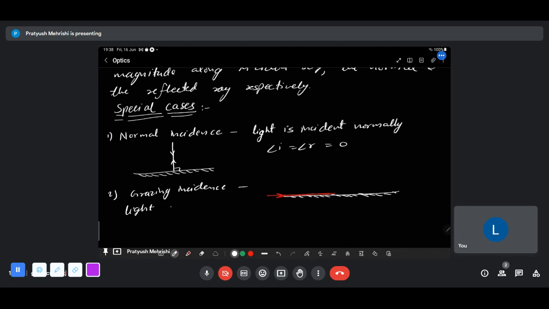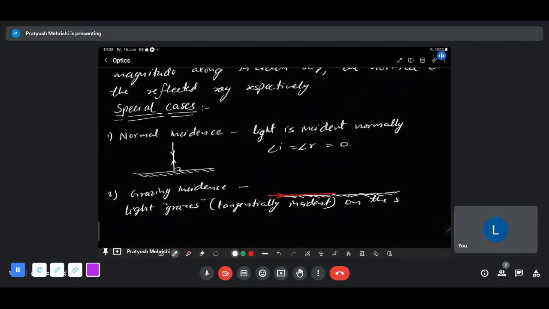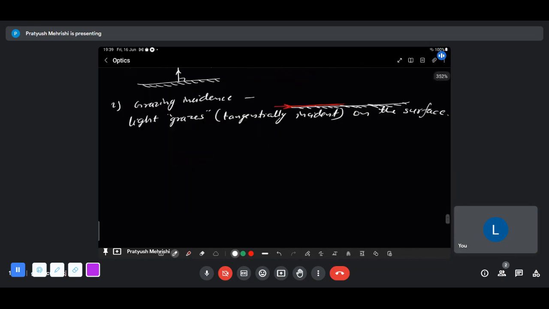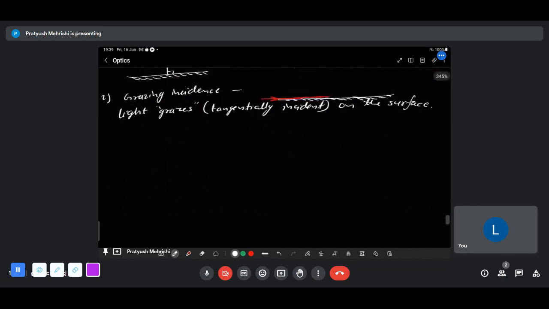Light grazes, or grazes means what? Tangentially incident on the surface. Fine. These two are the special terms, one named normal incidence and another called grazing incidence.